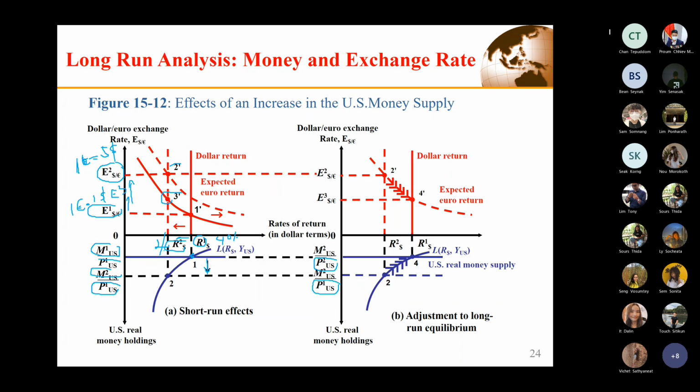So when the price starts to increase, the real money supply would start to reduce again, moving backward to the original point. And as the real money supply decreases, you know that interest rate would increase again. So there is less money now.